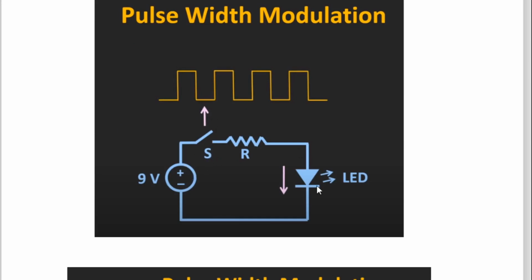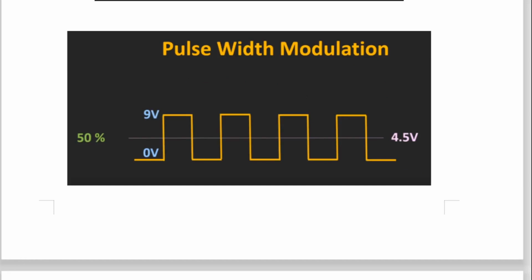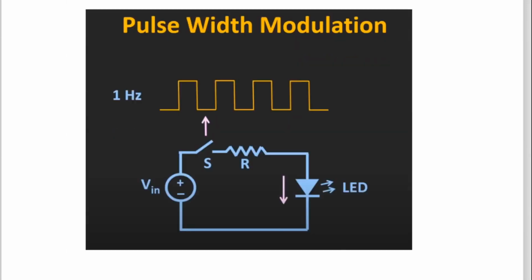And then you'll start complaining, sir, sometime the LED is glowing, sometime not glowing. That complaint will come if your frequency is 1 hertz. If your frequency is 1 hertz, means for 1 second I'm closing the switch, and for 1 second I'm opening the switch, you can notice the LED is glowing and the LED is not glowing.